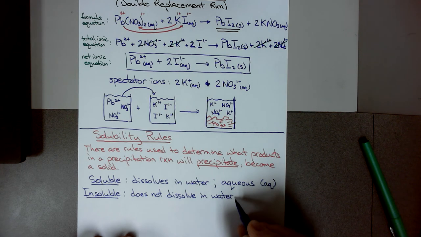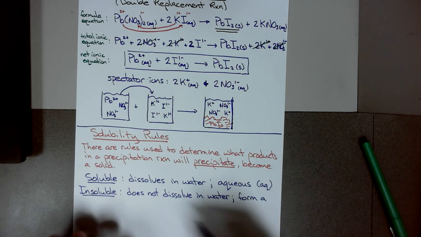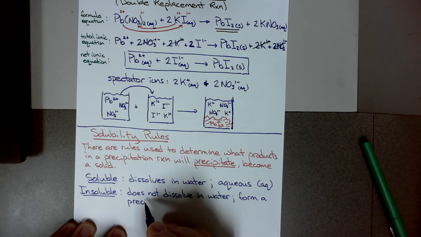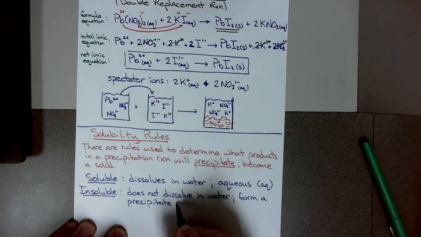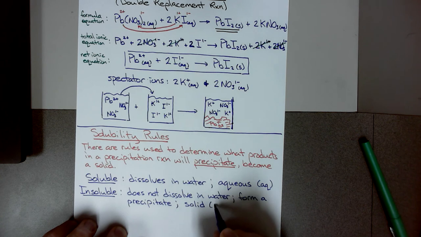So something that is insoluble will form a precipitate, or we can say is the solid, and we use that symbol for it.